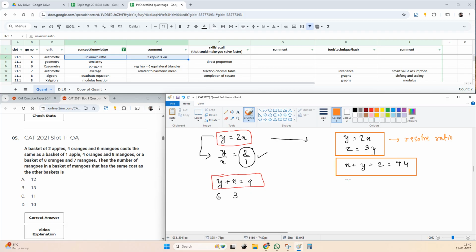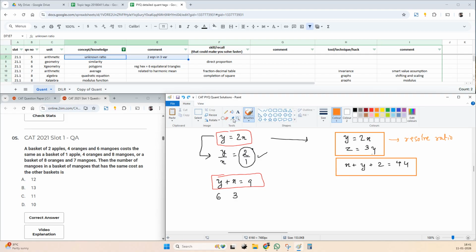So you have your 3 is to 2 is to 6, was it 3 is to, wait, did I get this right? I may have gotten this ratio wrong. Anyway, I think it is 6 is to 2 is to 1.